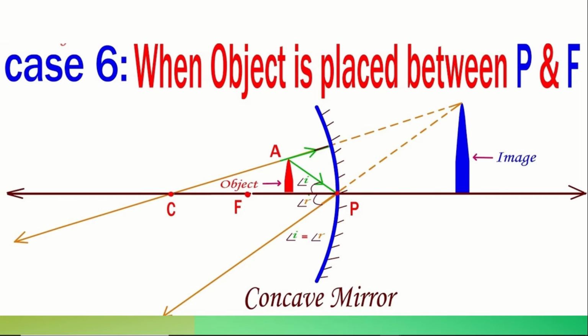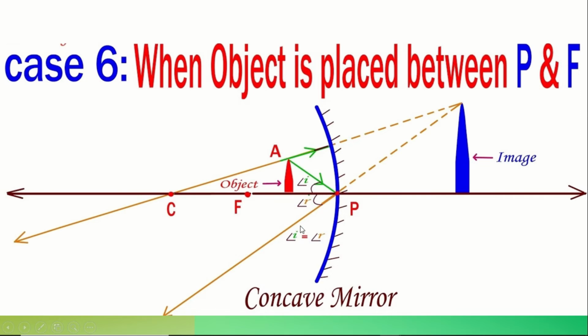Moving on to case 6, that is the last case of this ray diagram. Case 6 states that when the object is placed between P and F, that is between the pole and principal focus on the principal axis. A is the object, which emanates two light rays. One is directed towards the center of curvature, and another is directed towards the pole.